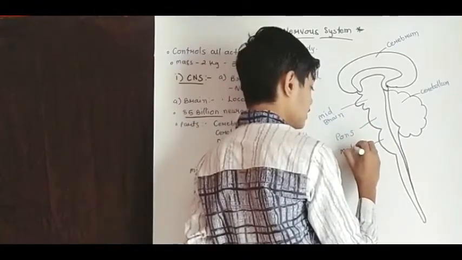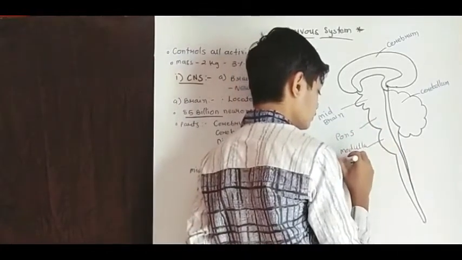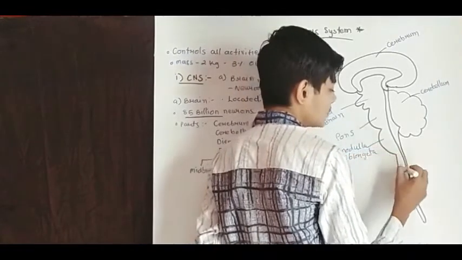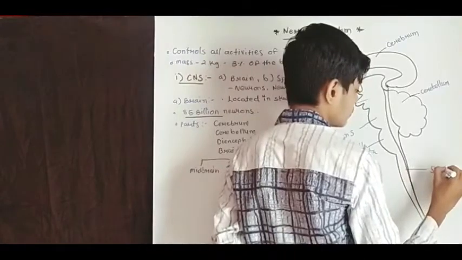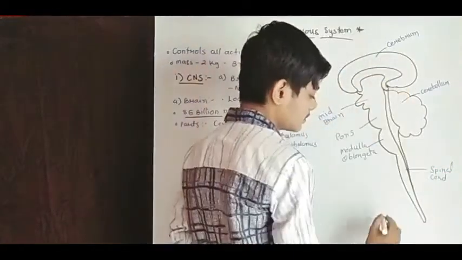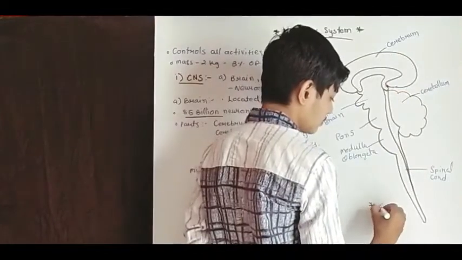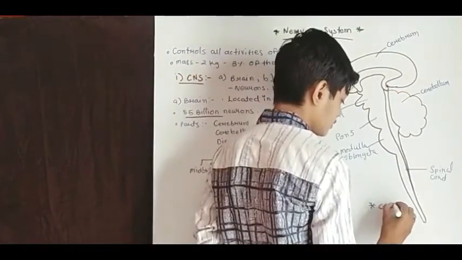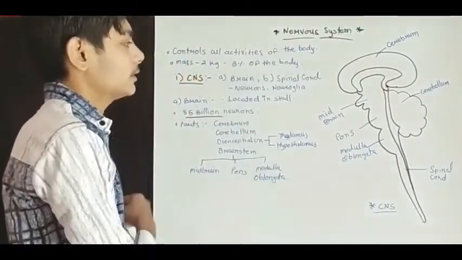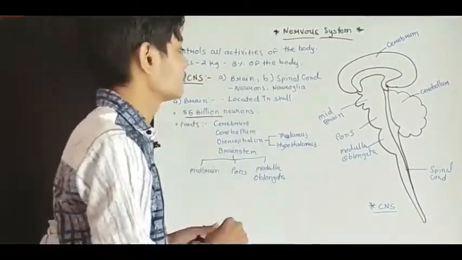This is our medulla. And obviously this is our spinal cord. And the whole of this is our central nervous system.